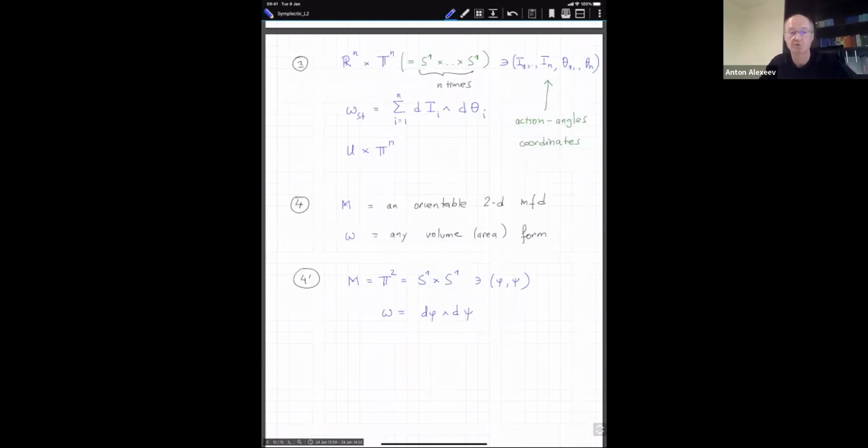But of course, you can multiply by any positive function, right? Here, the closedness condition does not apply in dimension 2, because when you take the differential of a two form, it should be a three form. There are no three forms on two manifolds. So therefore, everything which is in degree 2 is closed.